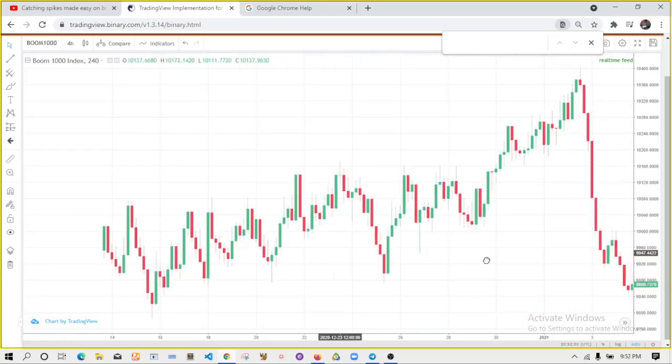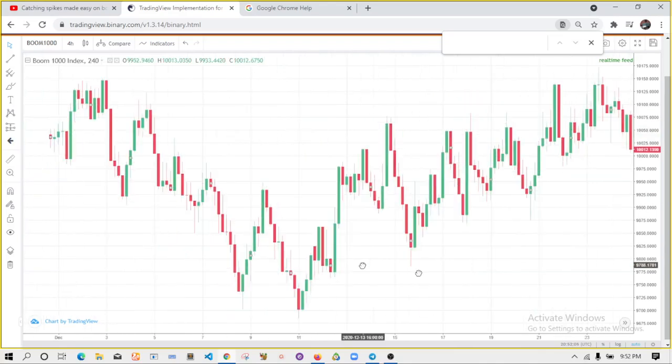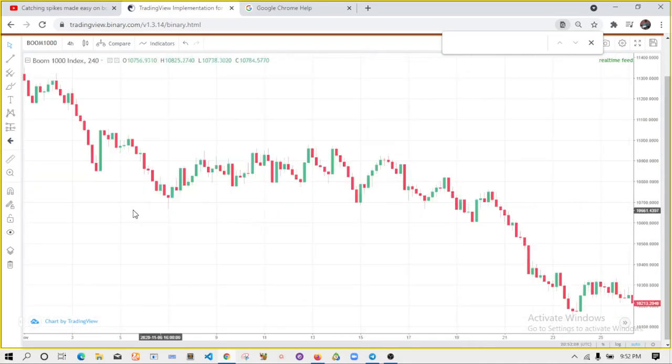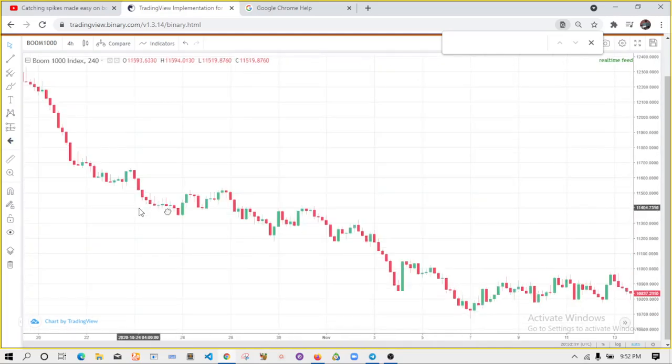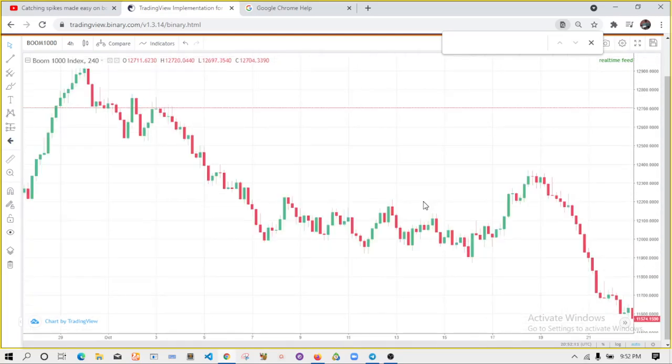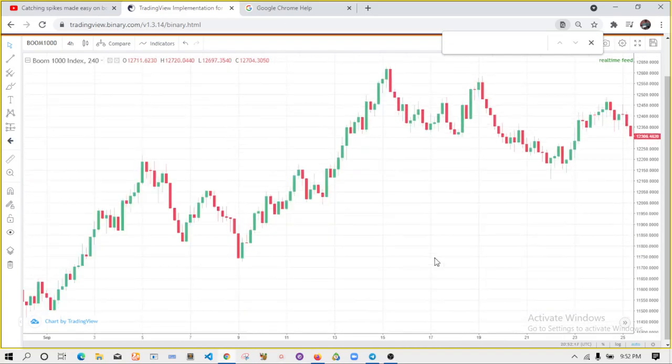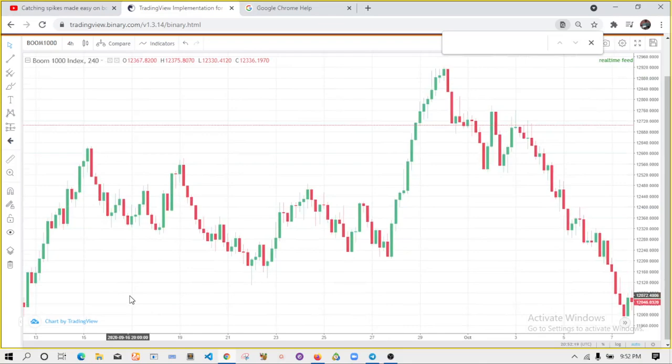Maybe I should check on other ones, maybe Boom 1000, Boom 500, or Crash 1000 or 500, any of them. I just want to get a perfect place where the market ranges for a long period of time.